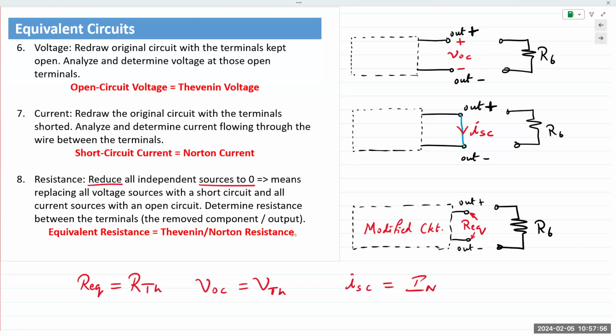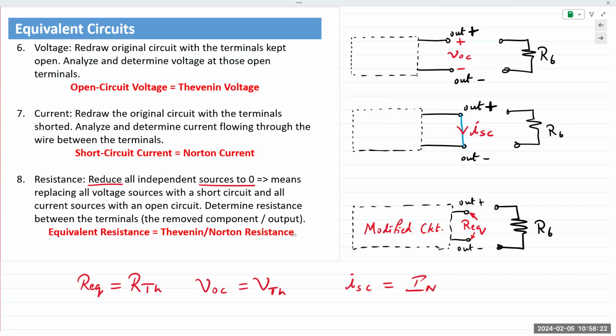But again, the two circuits, the only difference is VOC is measured between the output terminals, open terminals, and the current, of course, needs a pathway to flow through. So it's flowing through the short-circuited terminals. So the circuits are different. They may look very similar, but the effect of that short circuit could be very large.